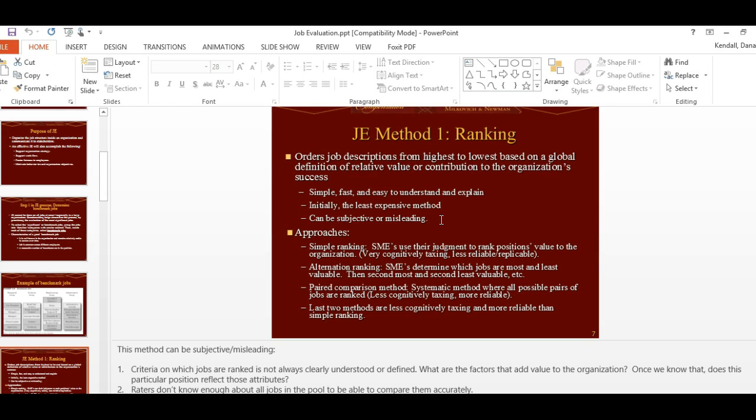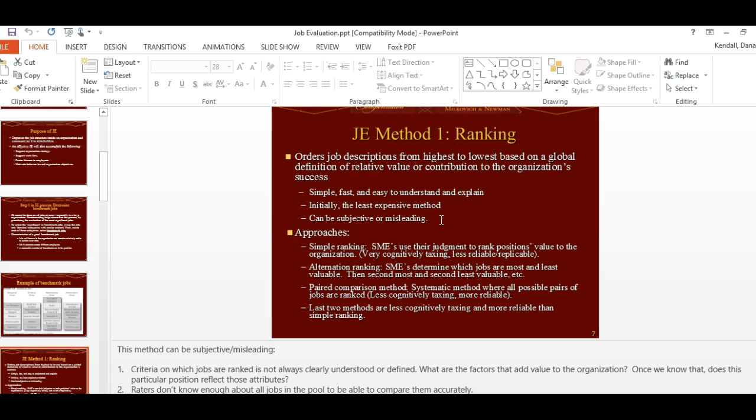And people who do this have bias, right? Because maybe they believe certain jobs that they've done in the past are more valuable to the org, just because they have been involved in those positions. So there are some things that can come into play here.